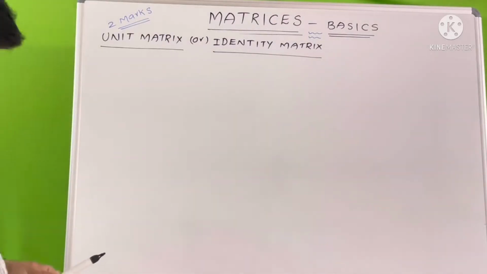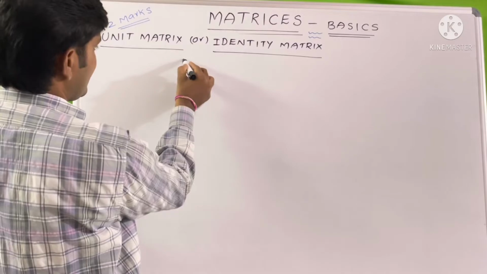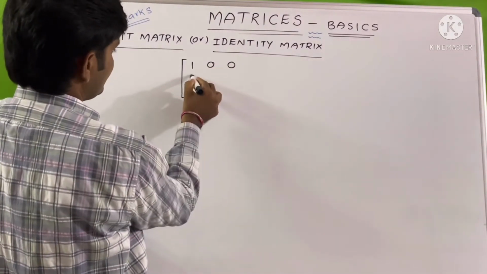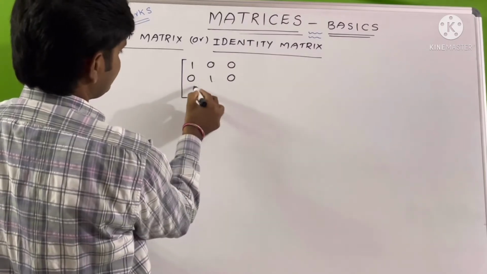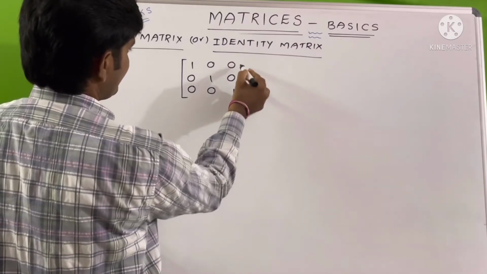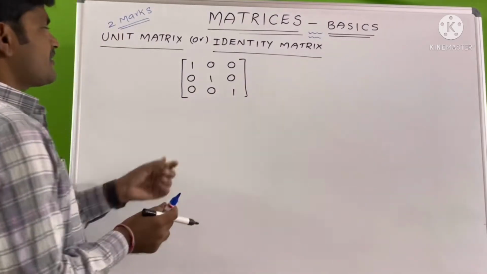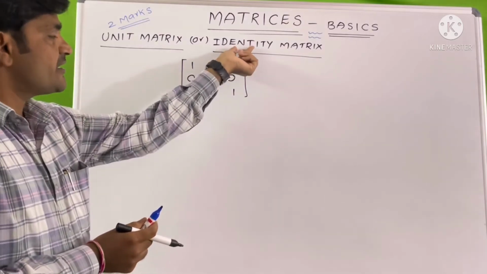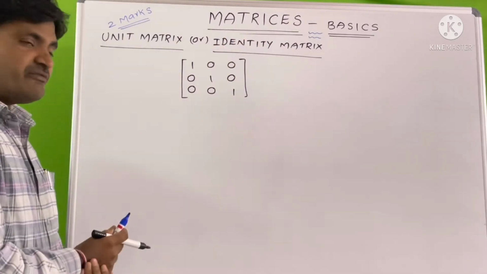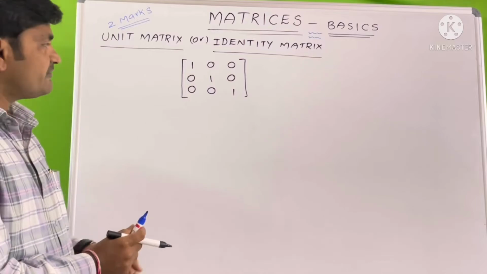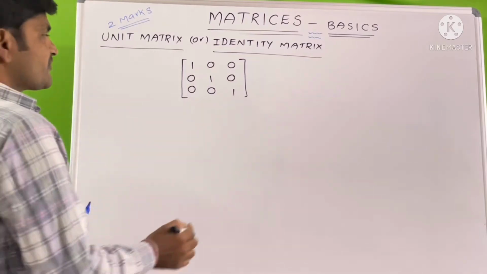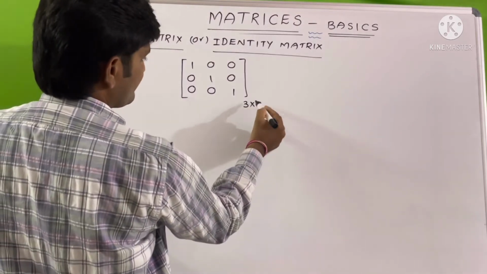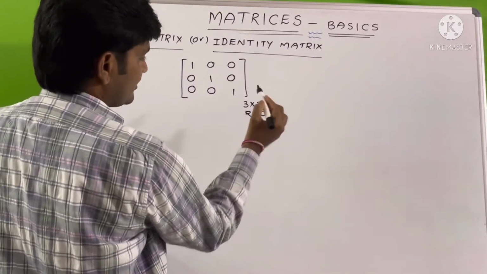Unit matrix. First of all I am giving the matrix 1 0 0 0 1 0 0 0 1. This is called a unit matrix. The other name is identity matrix. So how do we define a unit matrix? Simply, in a square matrix, clearly it is a 3 by 3 order, 3 rows, 3 columns.